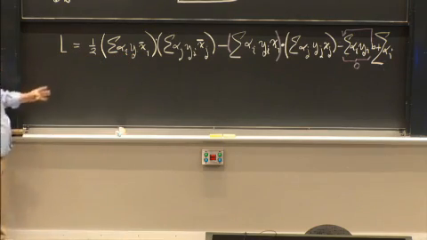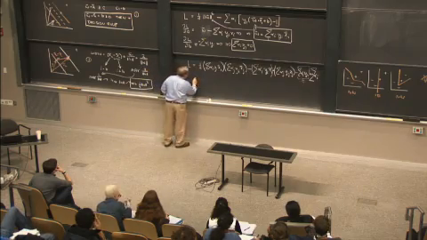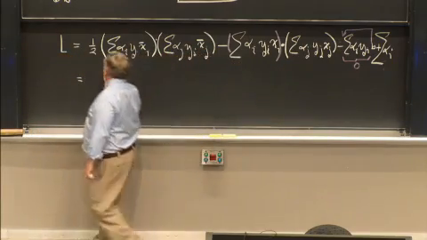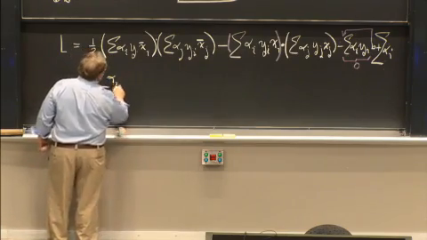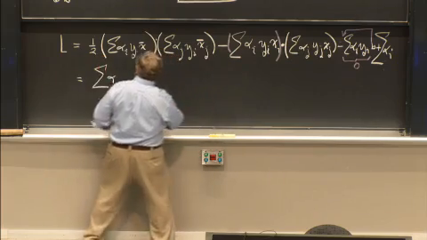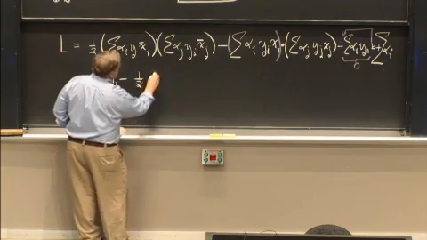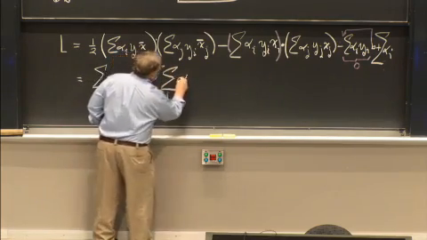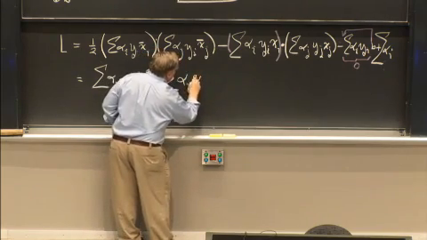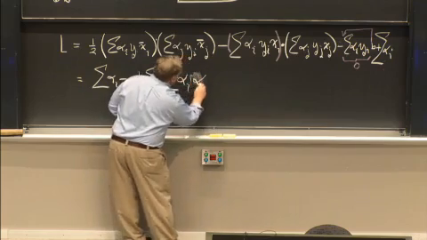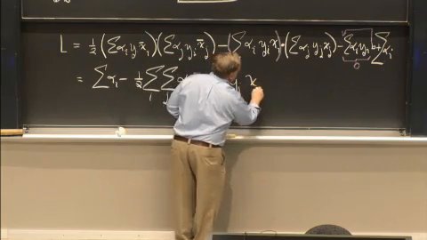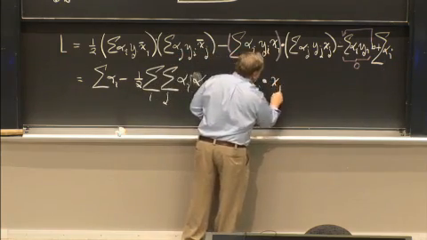So now we can rewrite this Lagrangian as: we've got that sum of alpha i, that's the positive element, and then we've got one of these and a half of these, so that's minus 1/2, and now I'll just convert that whole works into a double sum over both i and j of alpha i times alpha j times y sub i times y sub j times x sub i dotted with x sub j.